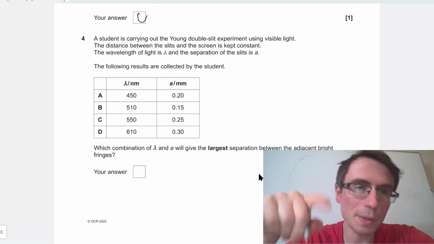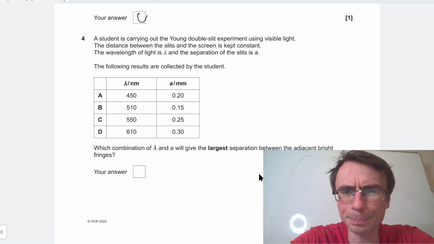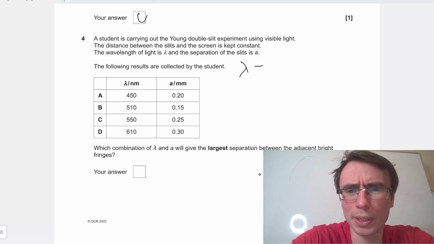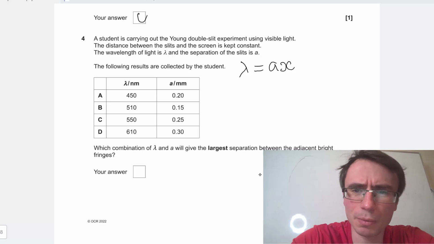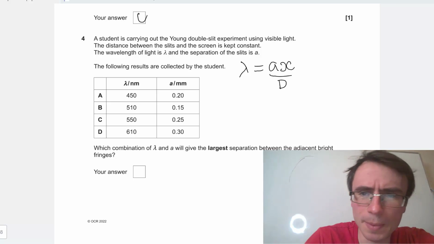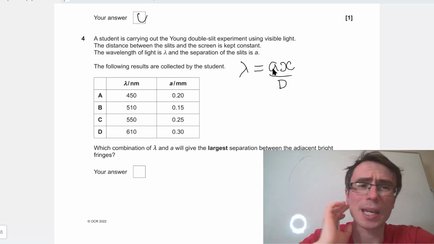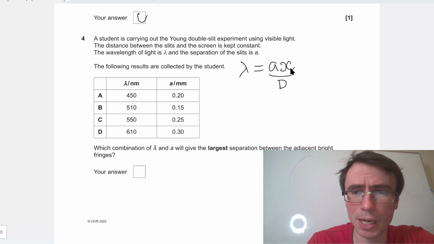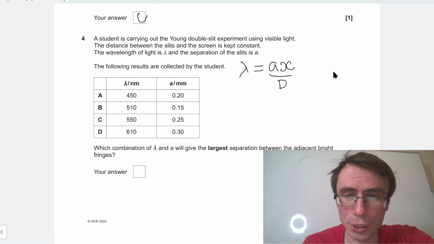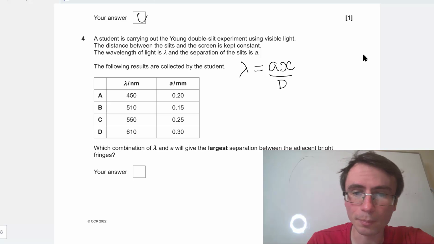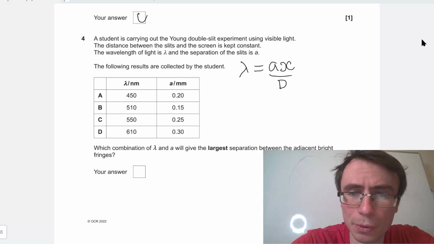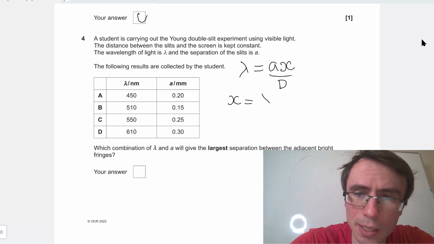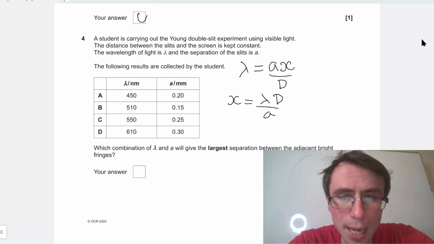There's quite a lot of information in this multiple choice question. So what I'm going to do is just write out my equation, which is that lambda is equal to a x over D. Now, a in this case is the slit separation, x is the fringe separation, and that's what we're looking for. So I'm going to say that x is lambda D divided by a.